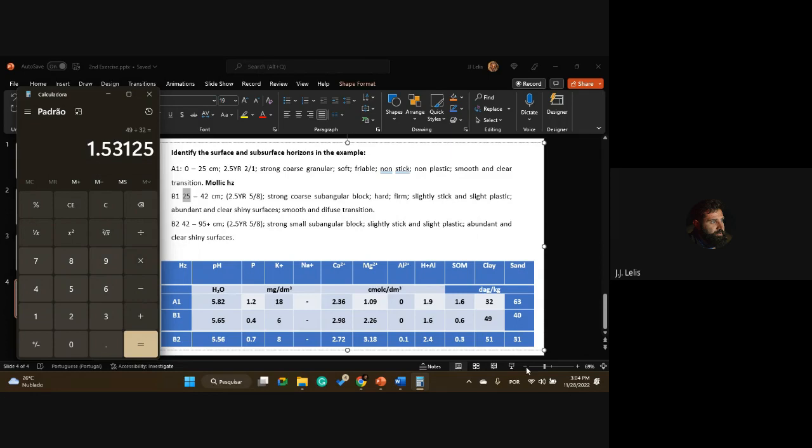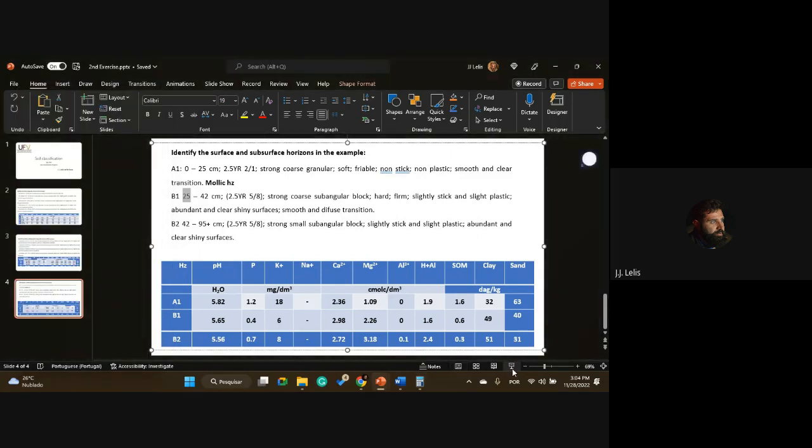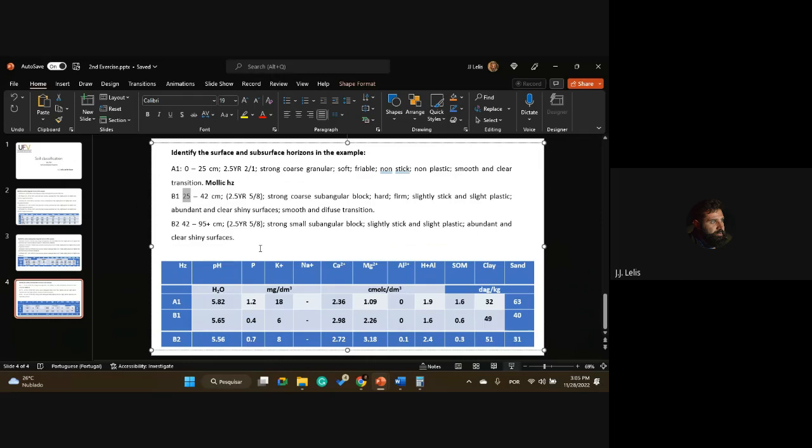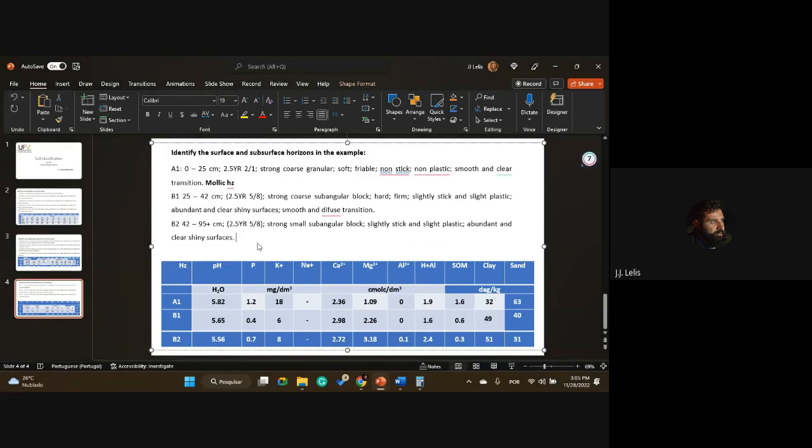So even when we use the B1 horizon, the increase of clay content is substantial. So we have an argic horizon in the subsurface, because we have shiny surfaces and a substantial clay increase.